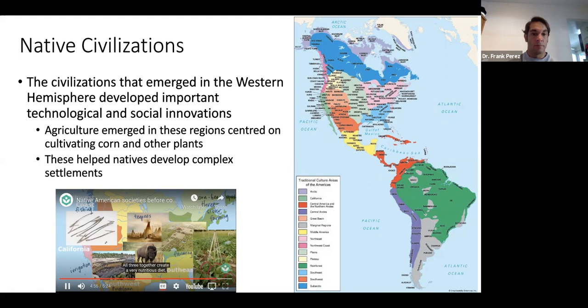All three together create a very nutritious diet, which allowed for relatively high population density on the East Coast.